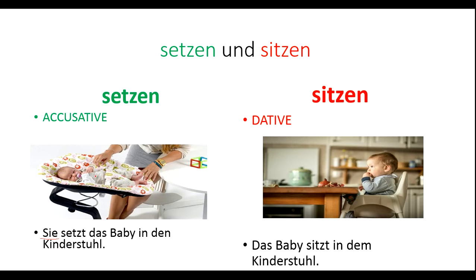She just puts the baby in the Kinderstuhl. She is sitting their child in the Kinderstuhl, and here das Baby sits in dem Kinderstuhl. So here is the action. If the person is doing the action, then it's accusative. Sitzen: when there is no action, no movement, then das Baby sitzt im Kinderstuhl. In the other case there is a movement, someone else is putting.